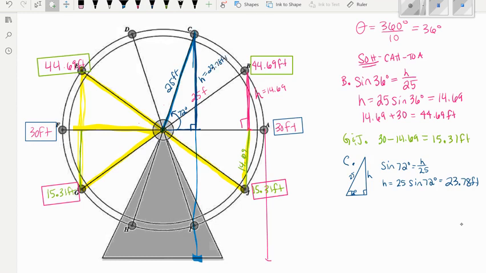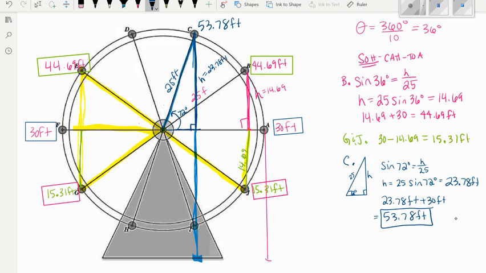Of course then we can take that and add the distance from here to the ground. We know from the ground to the center is 30. So if we add that 30 to that answer, we get 23.78 feet plus 30 feet, which gives us a total distance of 53.78 feet.